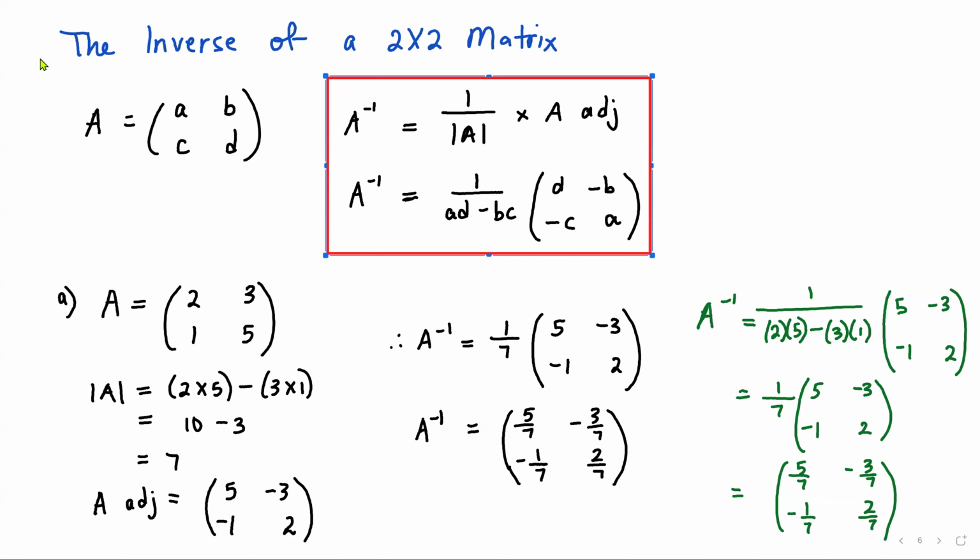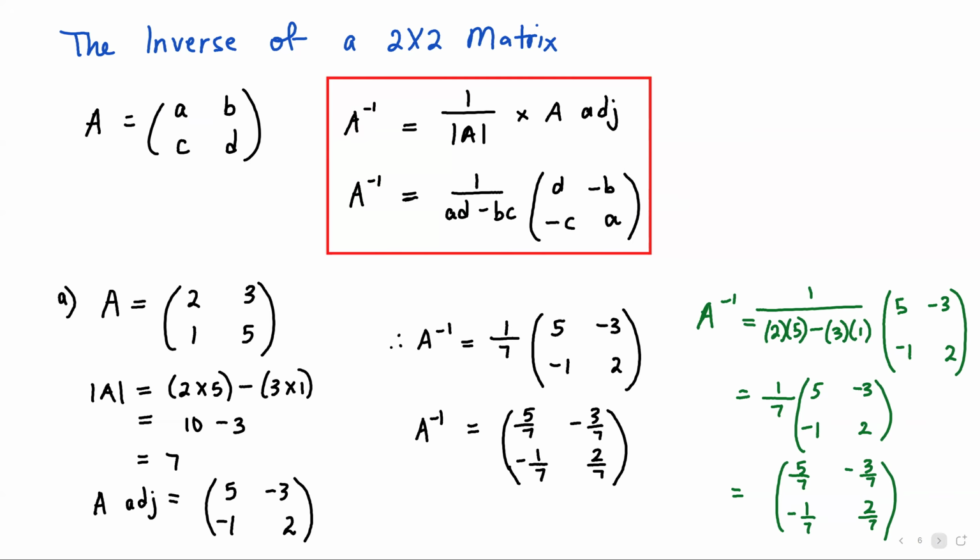So therefore, if you have a matrix A denoted by A, B, C, D, then it'll be 1 over AD minus BC, that's the actual determinant of the matrix A, times the adjoint: D, minus B, minus C, A. So we put it all together to find the inverse of the matrix, right?